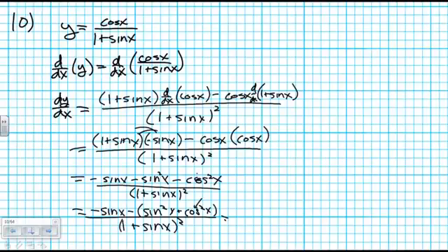That, of course, is our Pythagorean identity. So I end up with negative sine x minus 1 over (1 plus sine of x) squared. Now, if we factor a 1 out of this term, we end up with negative (1 plus sine x) over (1 plus sine x) squared, and that, of course, ends up being negative 1 over 1 plus sine x.